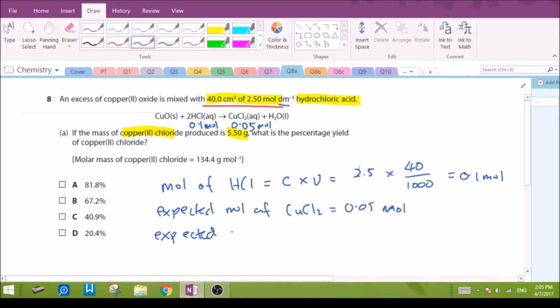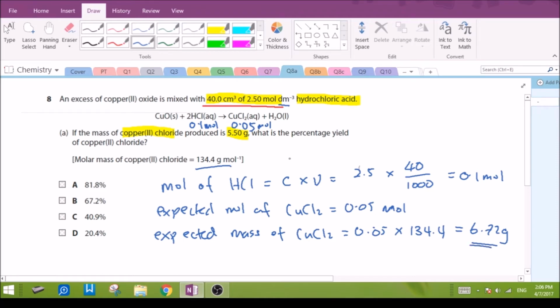What is the expected mass? If we were expecting 0.05 moles of CuCl2, the expected mass will be 0.05 multiplied by the MR, which is conveniently provided. So we expect 6.72 grams. This is if there were 100% yield. But we didn't get this amount.